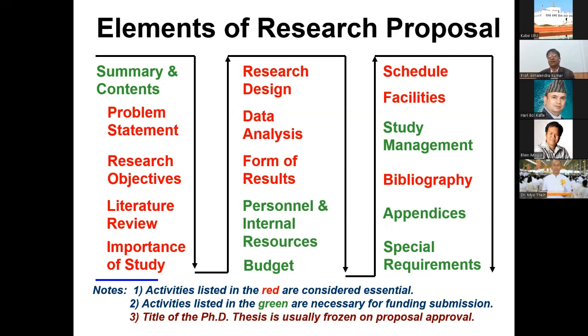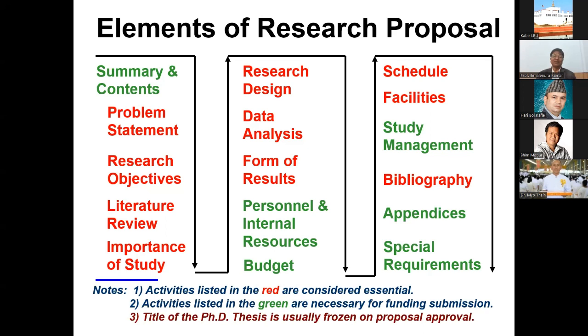And then what is the budget? And then you have to state the limitations of time: how much time, 2 years, 3 years, 4 years, you are going to take for writing the research thesis.